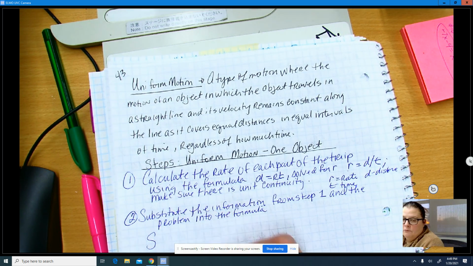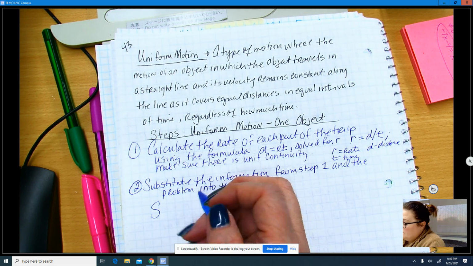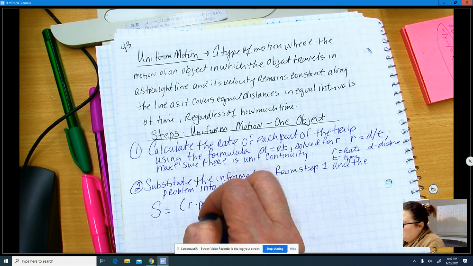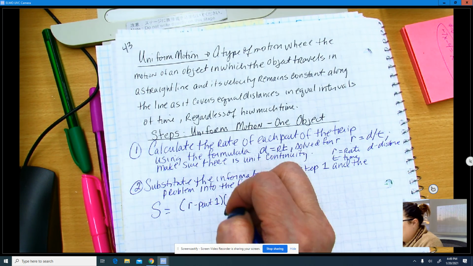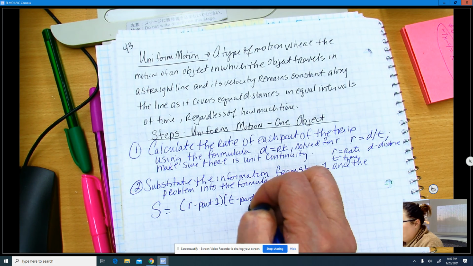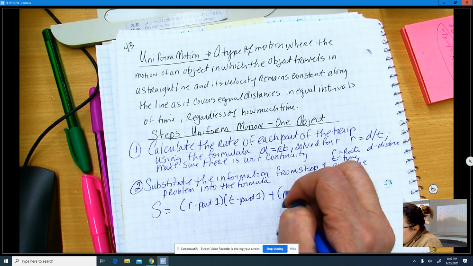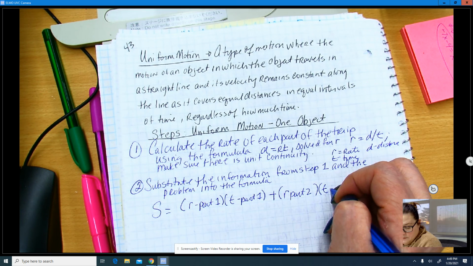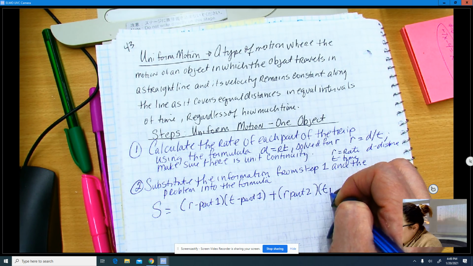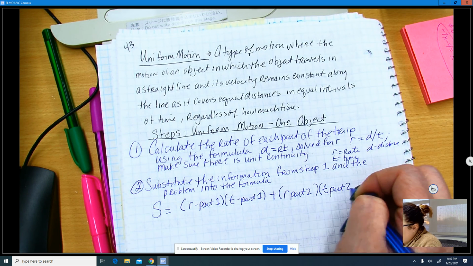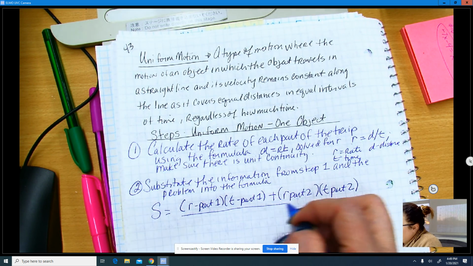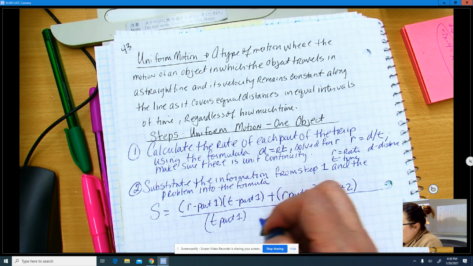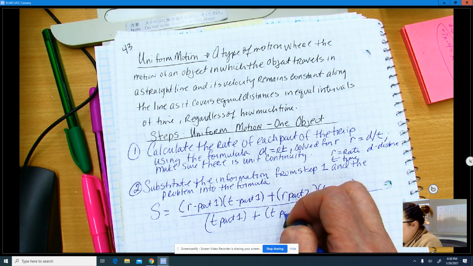So S, which is going to represent the speed or the average speed of the trip, is going to equal the rate of part one times the time from part one plus the rate from part two times the time from part two, all over time from part one plus time from part two.